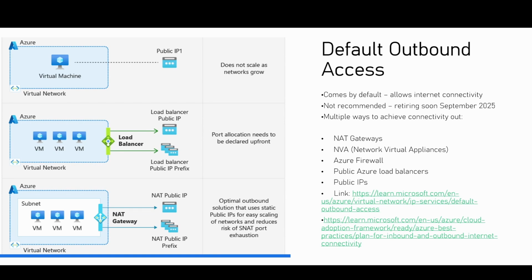And what are some ways that we can allow that outbound connectivity? These are just a few ways. We can essentially use NAT gateways. This is recommended. It's an optimal solution on Azure that is scalable and reduces the risk of SNAT port exhaustion. It's essentially a product in Azure that is created with this function in mind. We can use network virtual appliances.